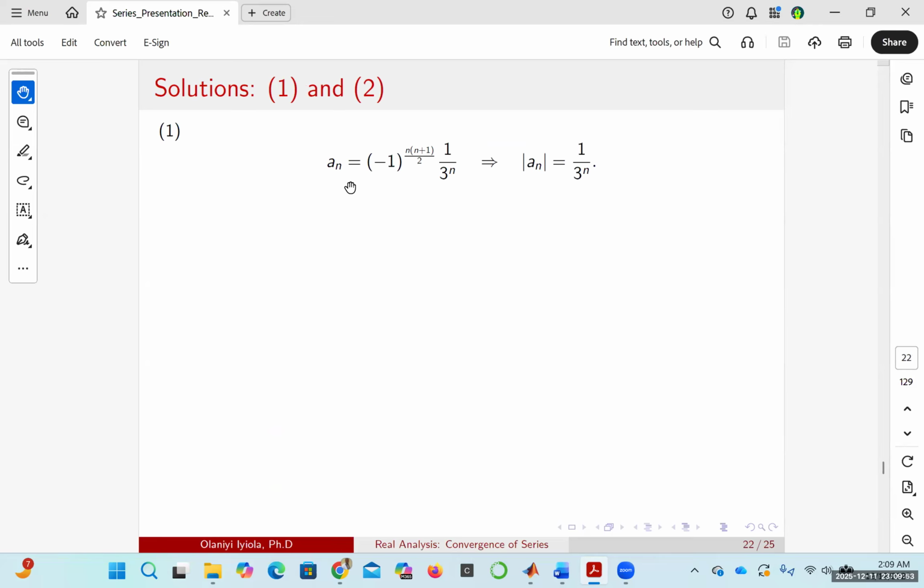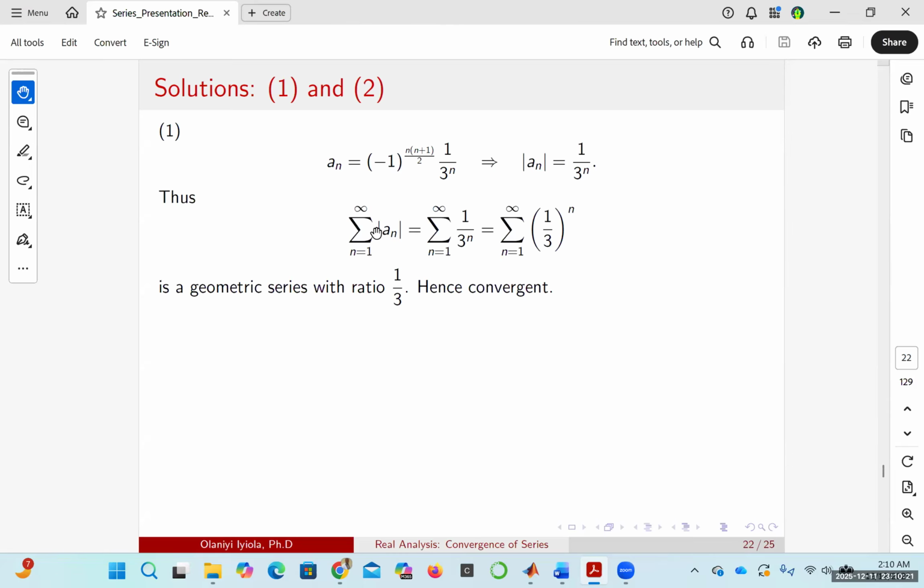When you want to show that a series converges absolutely, you need to take the absolute value of the sequence of the series. The absolute value of the first term here is just 1, because this term is either -1 or +1, depending on what n is. So when I take the absolute value of that, it disappears. What I will only have is 1 over 3 to the n.